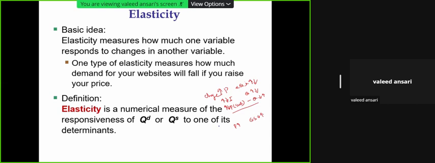So any elasticity is a measure of the responsiveness of one variable caused by a change in another variable. If we change one variable and try to find out how it impacts the other variable, and we quantify it, then we are discussing elasticity.